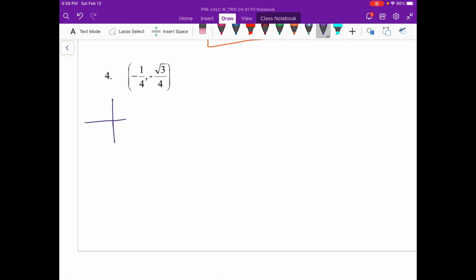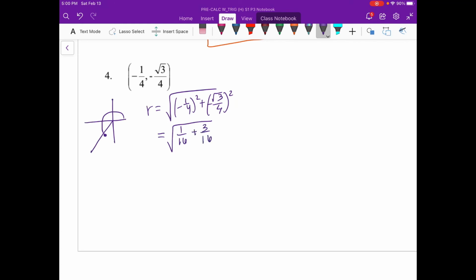Last one, I'll start off by graphing. Again, -1/4 is going to be left, negative square root of 3 over 4 is going to be down. So I'm in my third quadrant once I figure out what my theta is going to be. My r is found by squaring the x value, adding it to the y value also being squared. You can use a calculator for these, or you can also do them by hand.